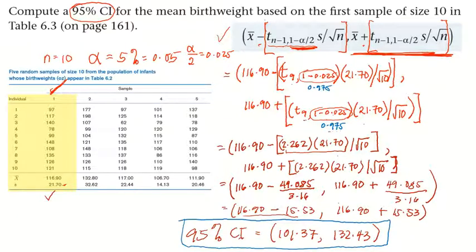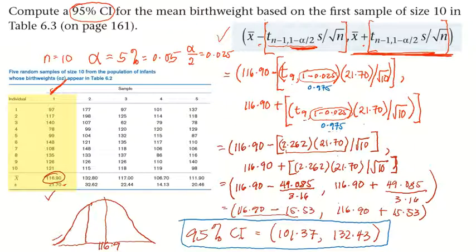So therefore, if we try to draw this as a T distribution, okay, like this one, we have a T distribution. Our sample mean here in the center is 116.9. And then there is a confidence interval going to the left.